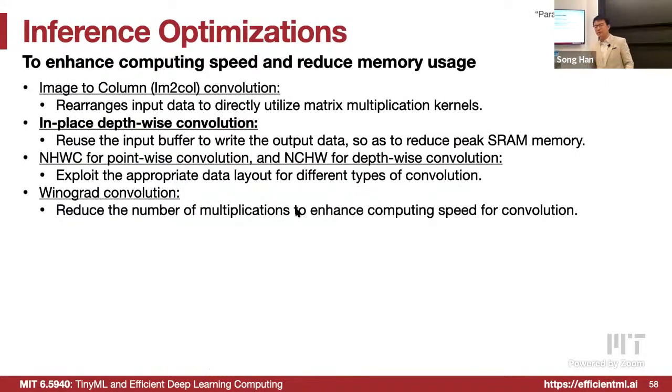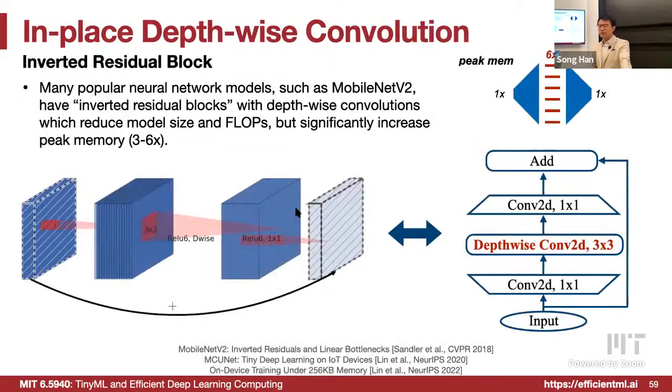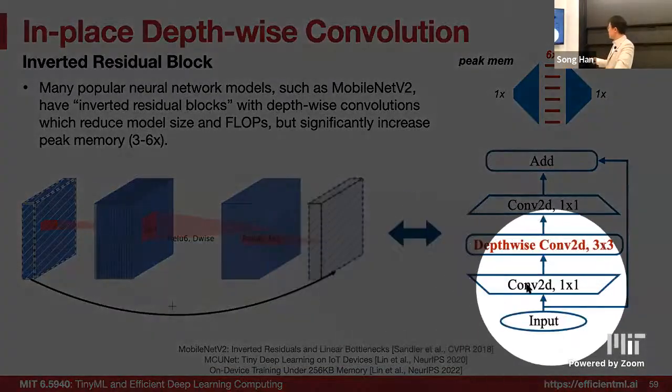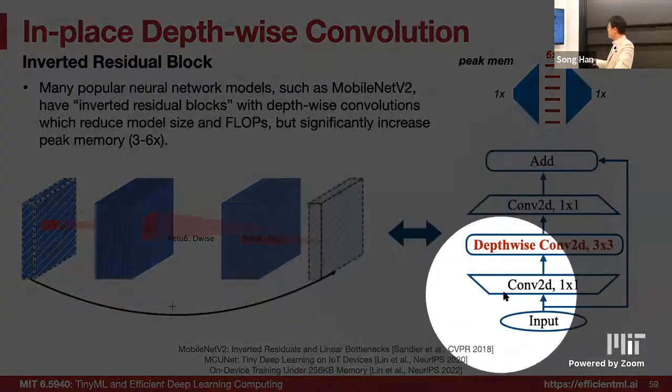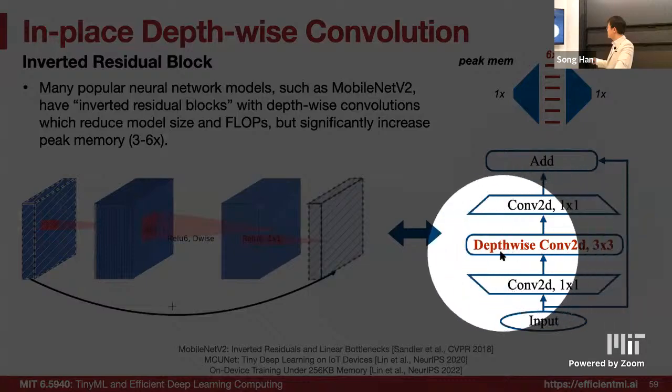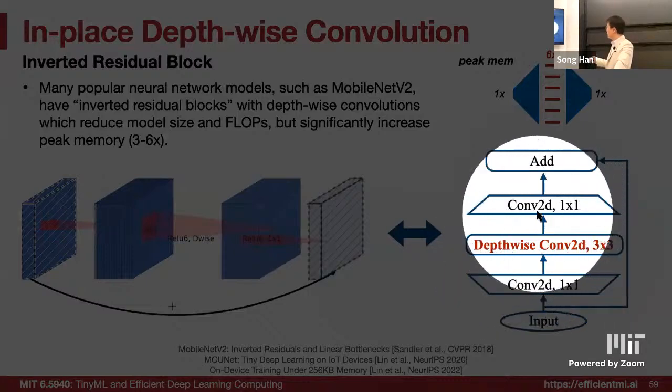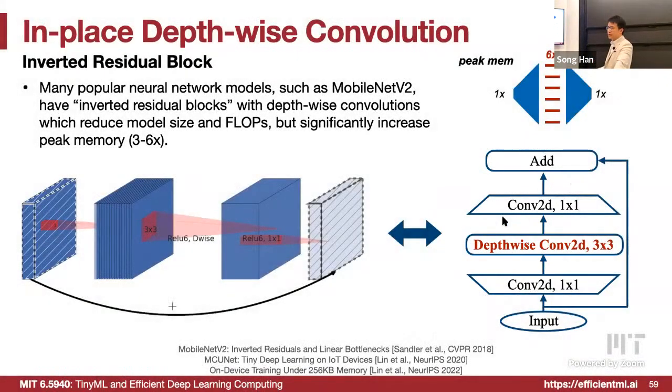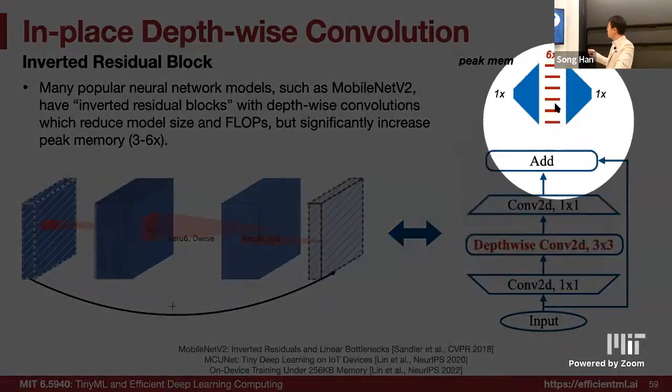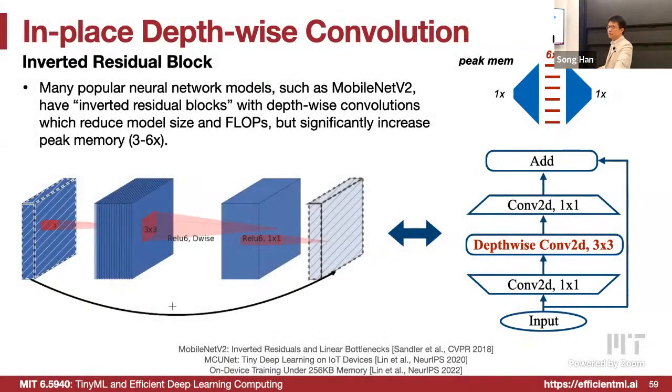Okay, so the next optimization is in-place depthwise convolution. Depthwise convolution is very widely used. For example, here it has 3 components: 1 by 1 Conv2D, 3 by 3 depthwise Conv, followed by 1 by 1 Conv2D. And each channel is operated independently.